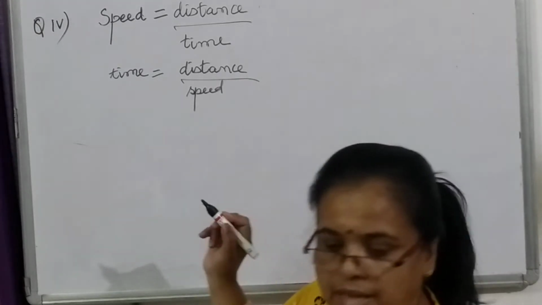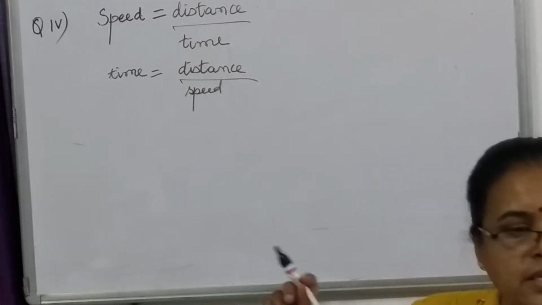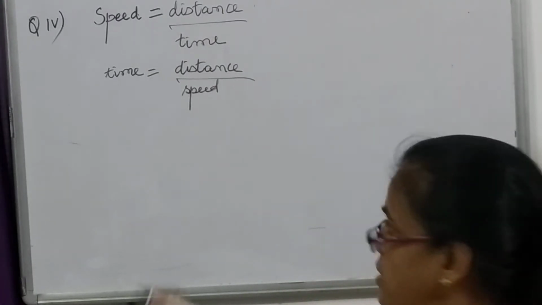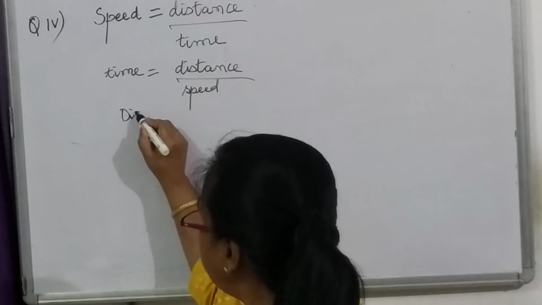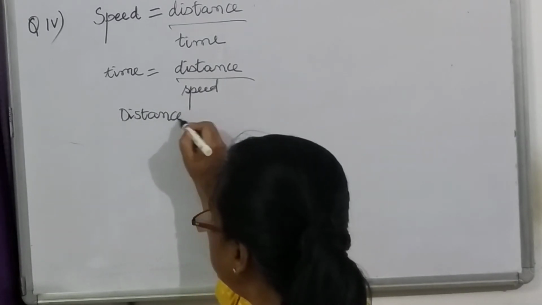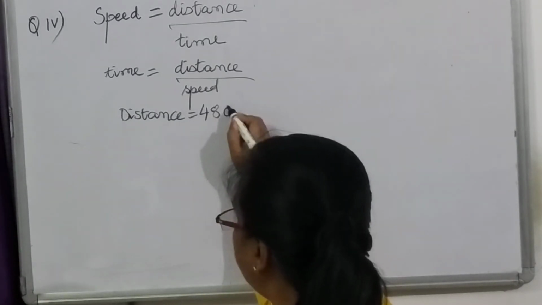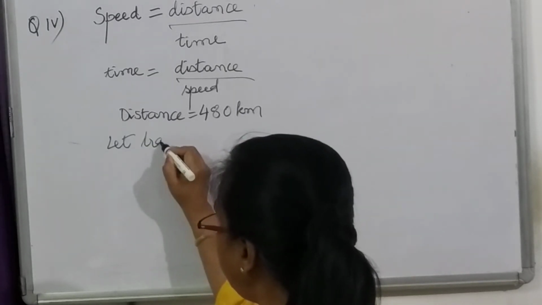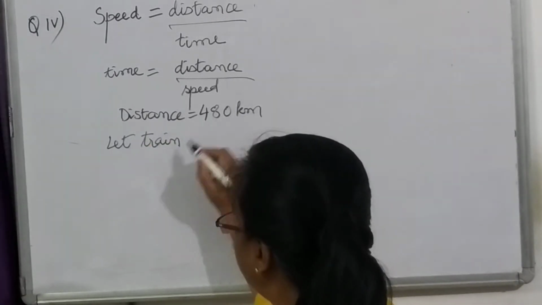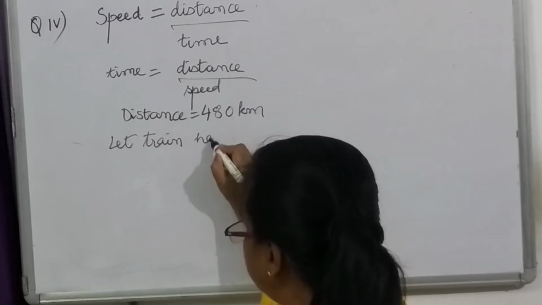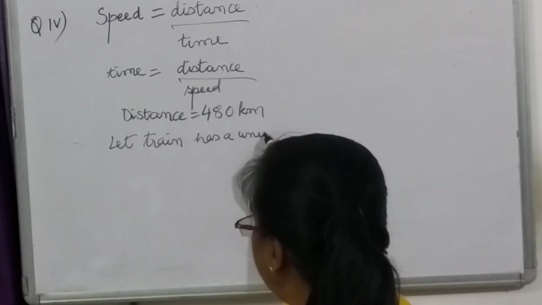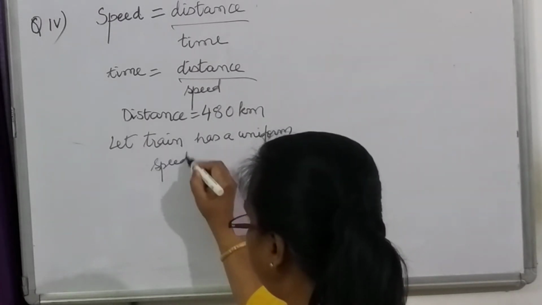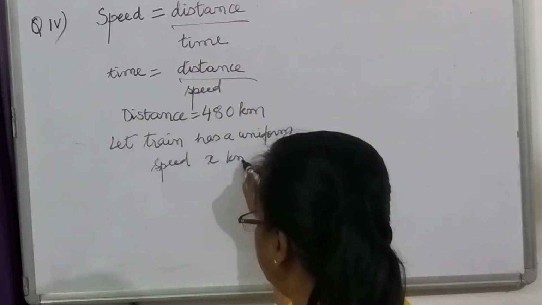They are saying that a train is going at a uniform speed for a distance of 480 kilometers. The distance traveled by the train is 480 kilometers, and let the train have a uniform speed of x kilometer per hour.